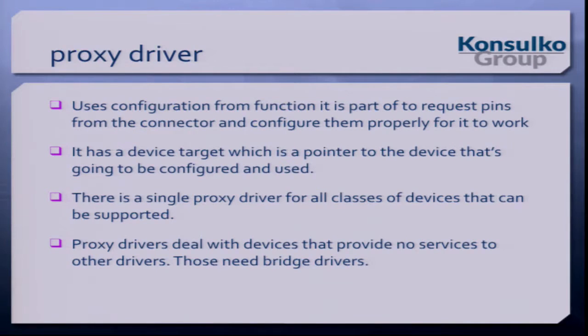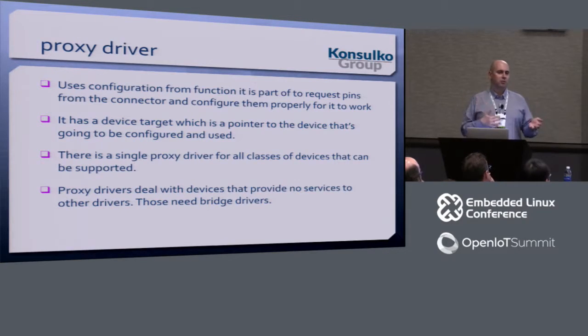So let's say you have a connector that defines a UART, and you have a UART configuration possible on certain connector pins. You use a UART proxy driver that says, okay, I want a UART on this set of pins, and then everything is set up so that the proper board UART driver is instantiated without any specifics being declared for the portable connector.